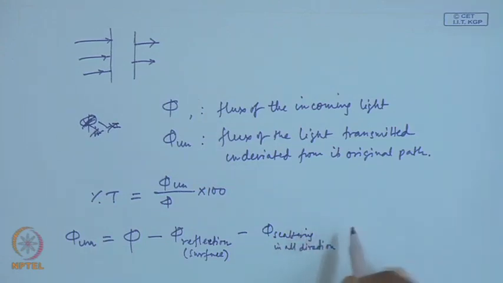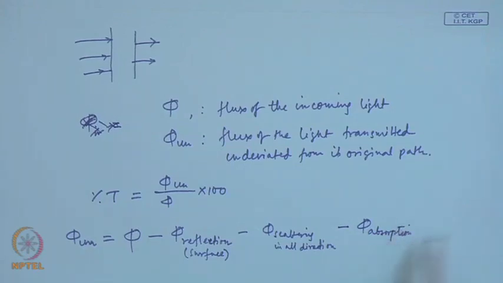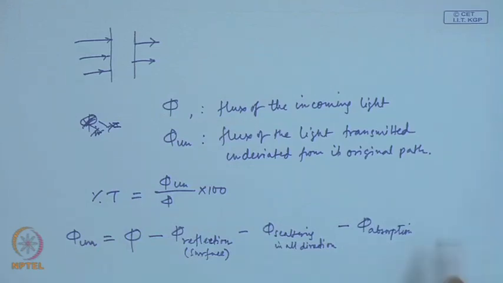We discussed the cause for scattering, and phi absorption: if there are some moieties or chromophores which absorb light, it will decrease the intensity of the flux of the outgoing transmitted light. This might give you color in the medium.